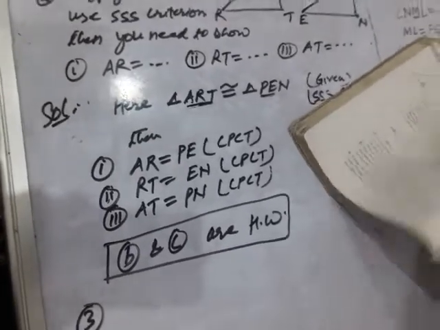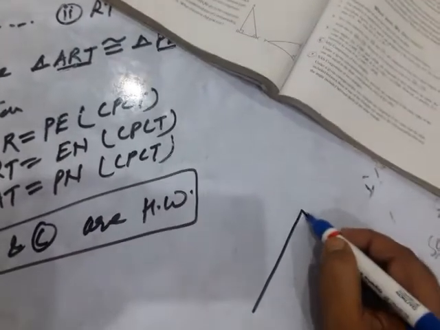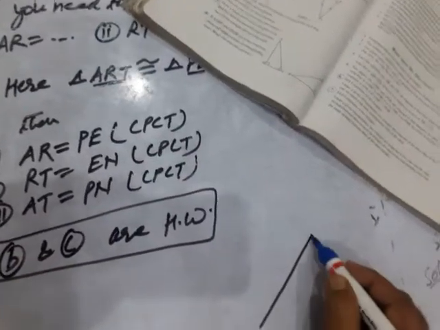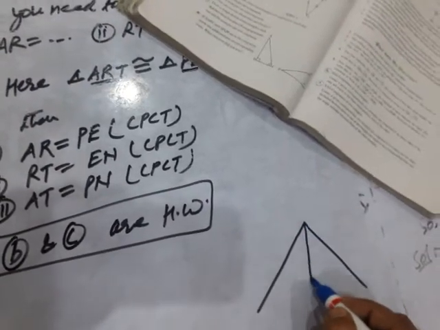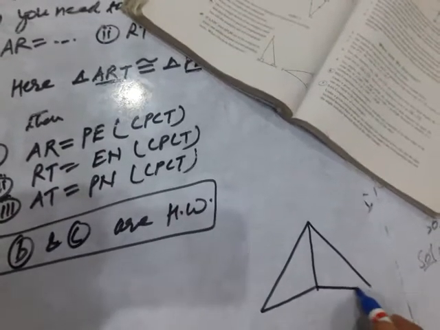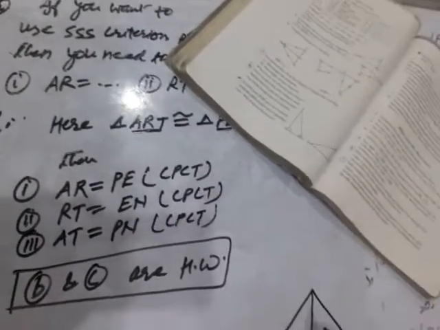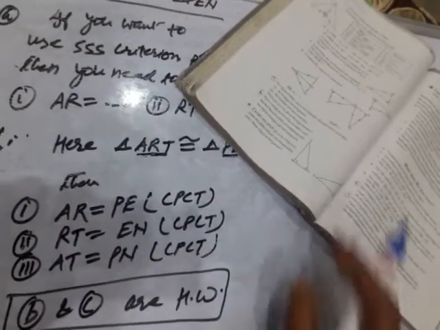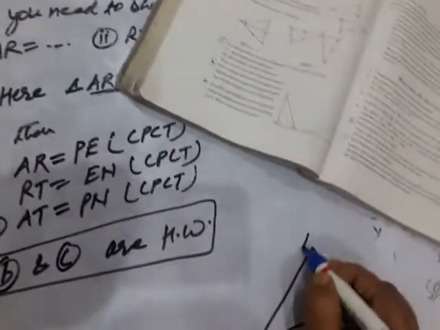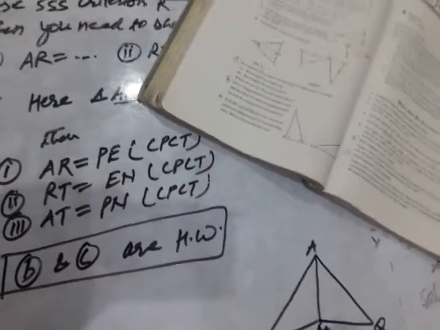The figure is given to be like this. Children, what is the figure? See, a triangle is drawn in this way. Clear? And it is given this is APQ, that is, this is A, this is P, this is Q, and this is M, right?